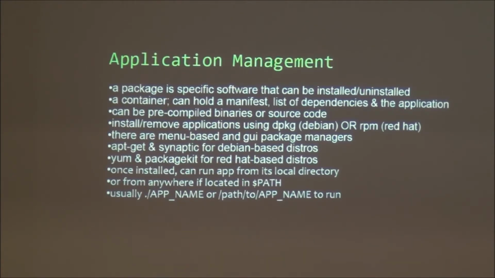That's because the path or the location of that file is already in an environment variable called PATH, $PATH. I'm going to show this here in a second. And I already mentioned this. You usually run by putting ./ if you're in the local directory where the application is, or just the full path of the application to run it.